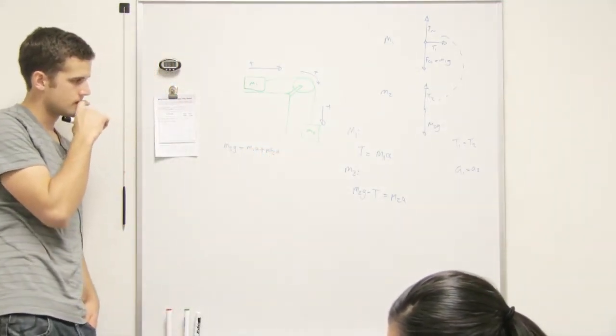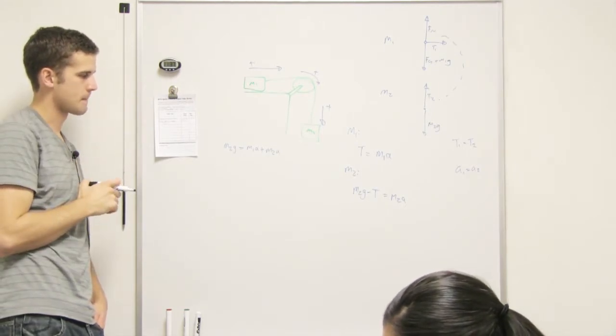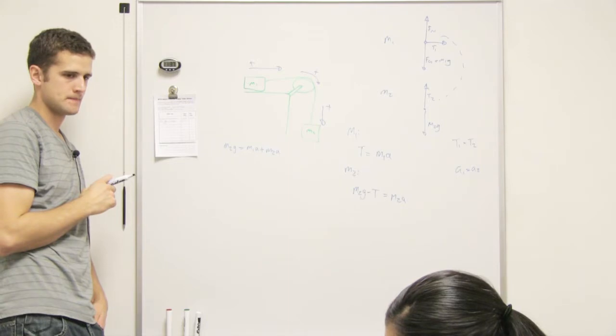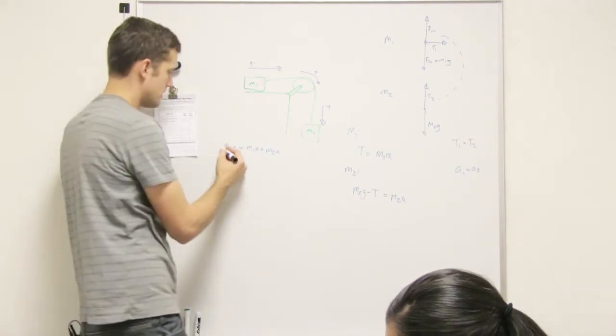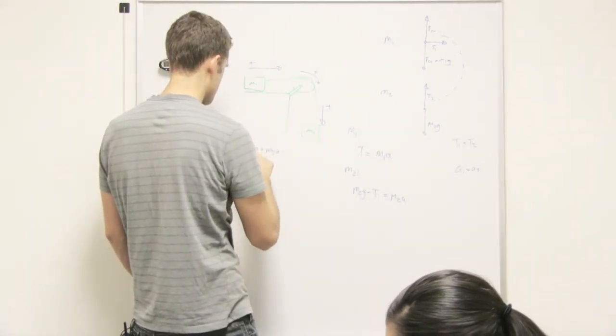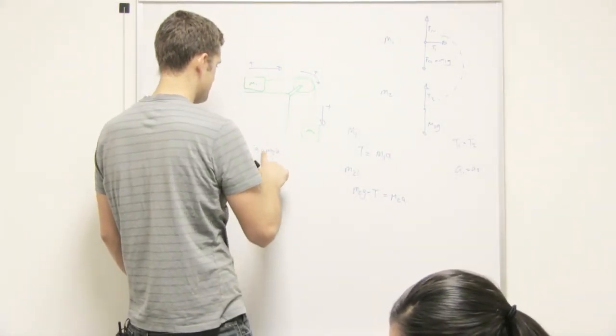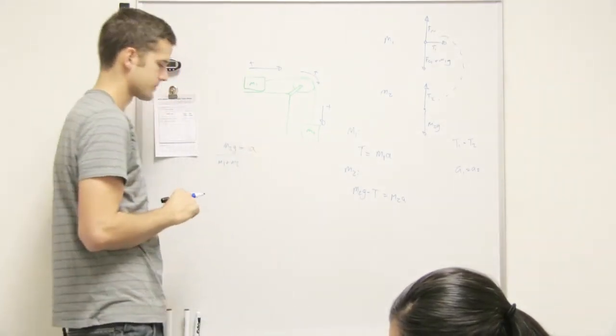Okay, so then we factor out an a, and we're left with acceleration is equal to m1 plus m2 divided by m2.